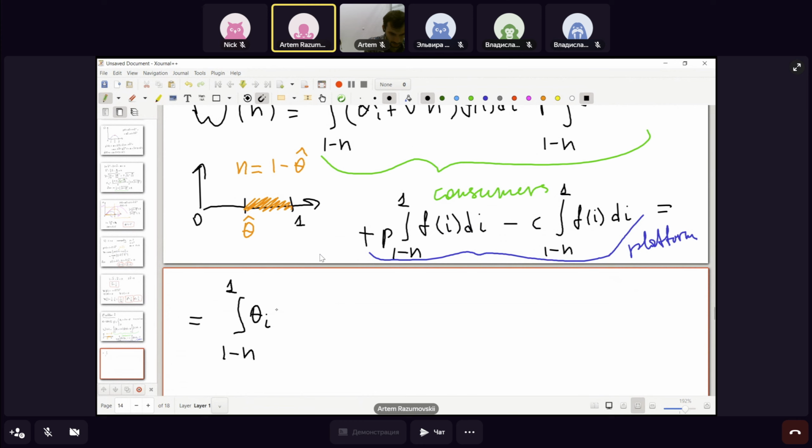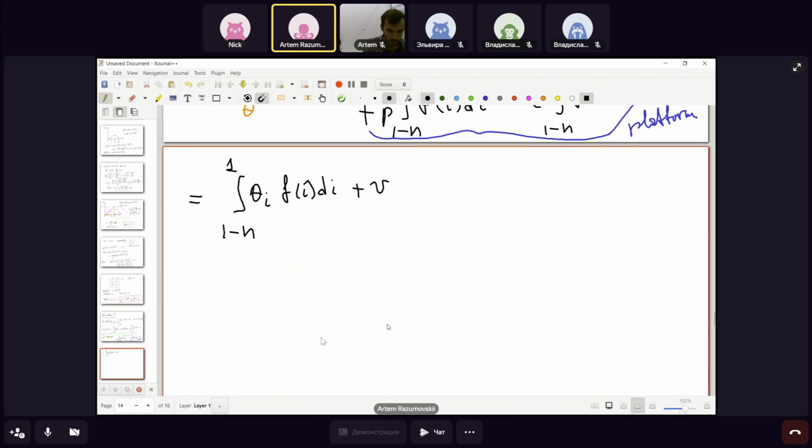So let me rewrite it here. How do we need to think about this? Well, in our case, it should be easy because we have a uniform distribution. Right, it should be just theta, no? No, let me draw the picture.